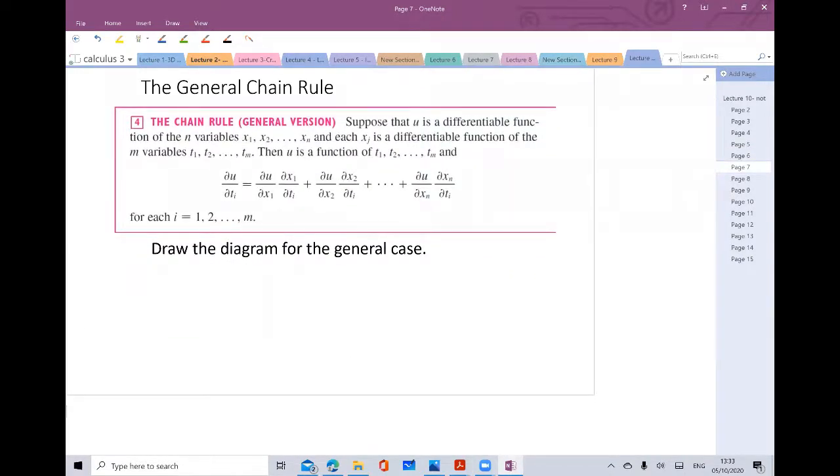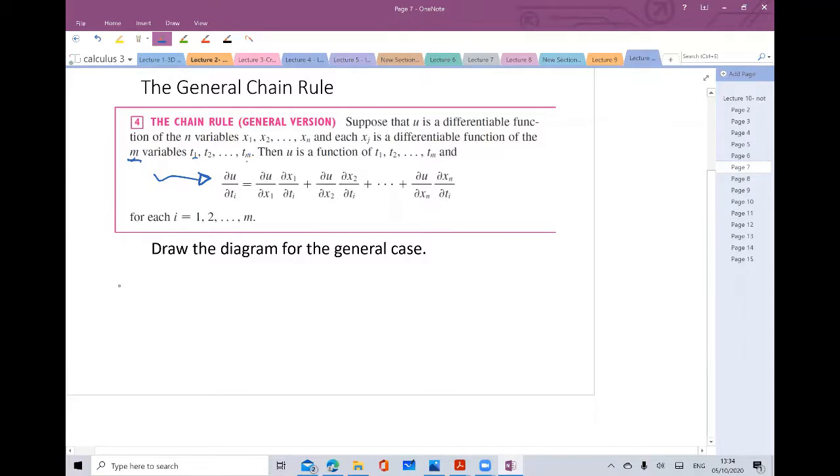Now we saw from the cases that we could have other cases, and yes, we could have any general case in which u is a differentiable function of n variables, x1 to xn, and each one of these x's is a differentiable function of m variables, t1 to tm.